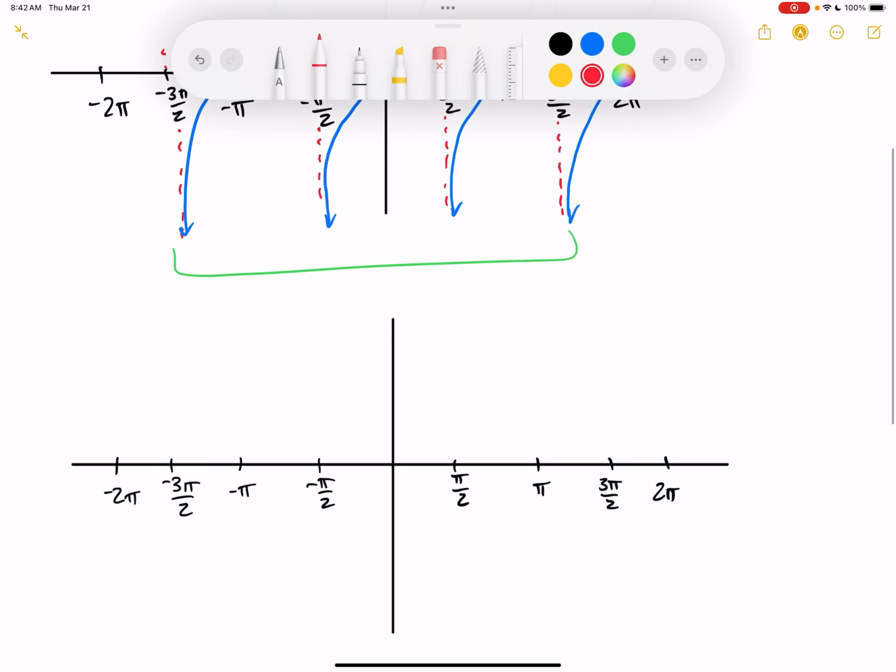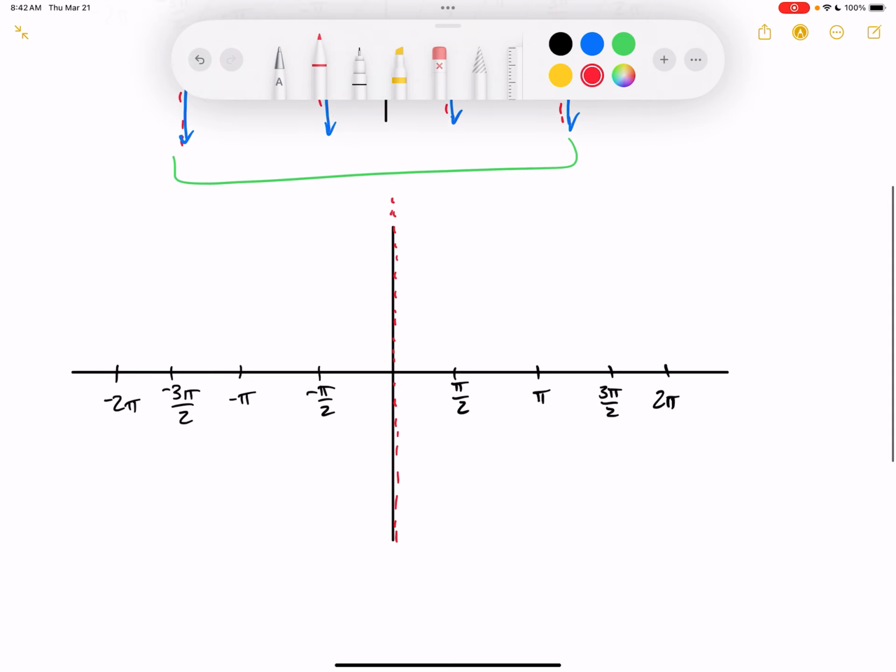So that means that I'm going to have asymptotes here on the y-axis. So I'm just going to draw the dotted line there, kind of beside it. Maybe extend it a little bit so we can see it. Then it's at pi and at 2 pi. Then at negative pi and at negative 2 pi.